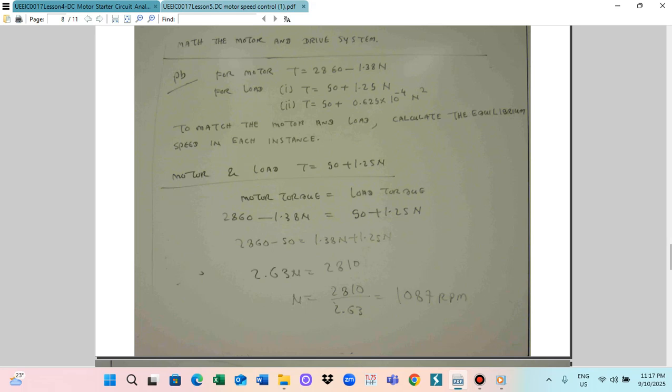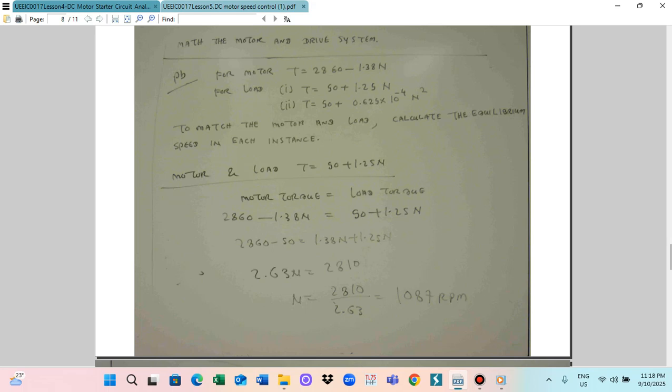In this case, φ is the flux, Z is the number of armature conductors, N is the speed, P is the number of poles, and A is the number of armature paths.